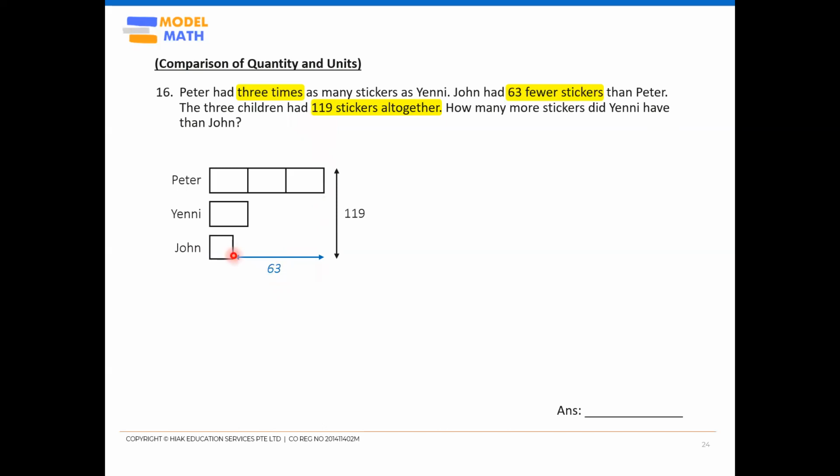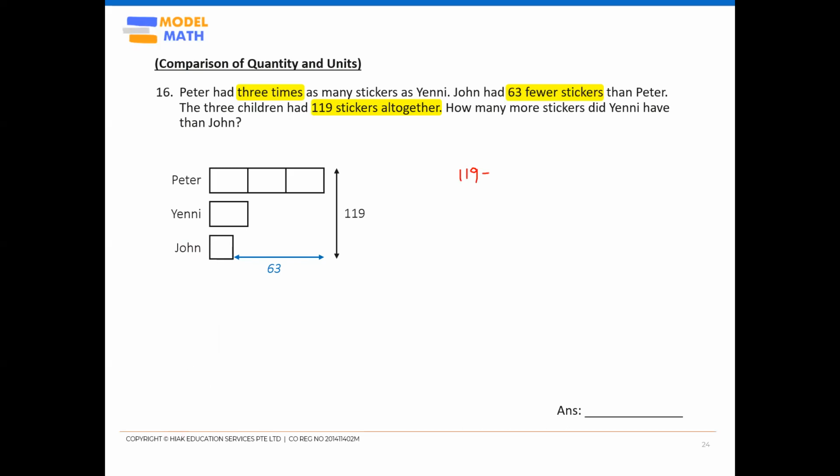And done. So the first step of recording your information, you have completed that by drawing a model. Next step is to study through your model. Normally for a comparison model, when we are given a difference like this, we will usually take the total minus the extra portion here. Then we can work out the units later on. That's what we usually do. However, if I were to say 119 minus 63, don't rush through.